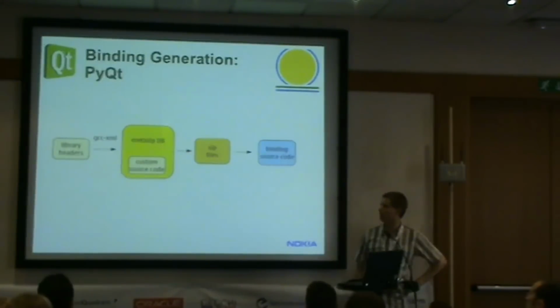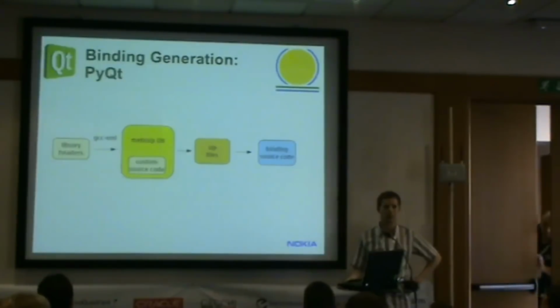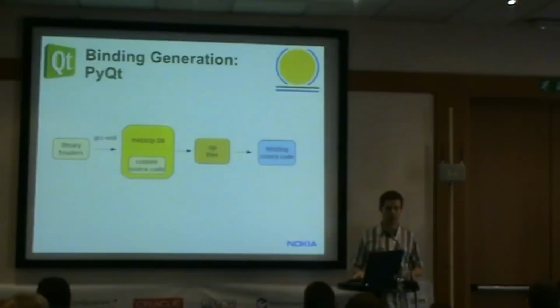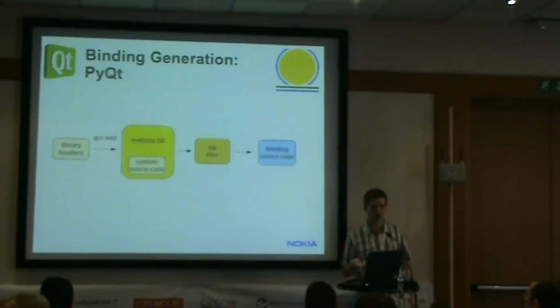Both PyQt and PySide are based on more or less automatic generation of the bindings. This is a very high-level schematic of how PyQt does it.